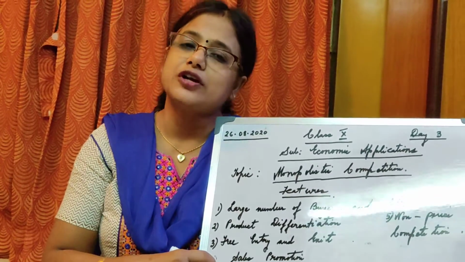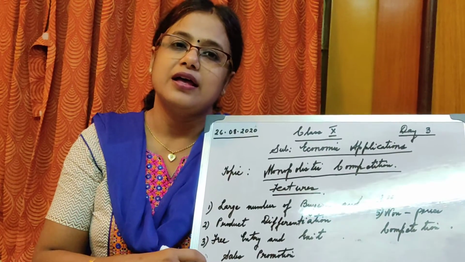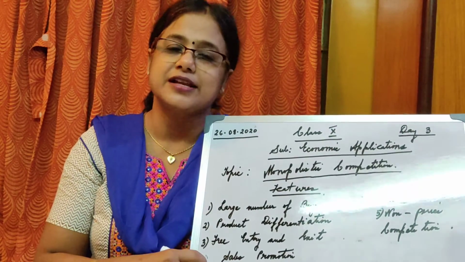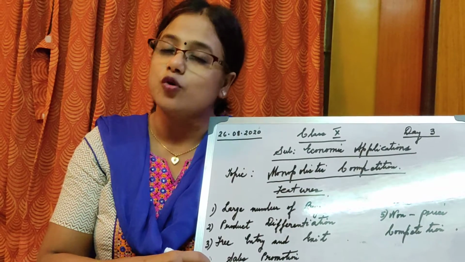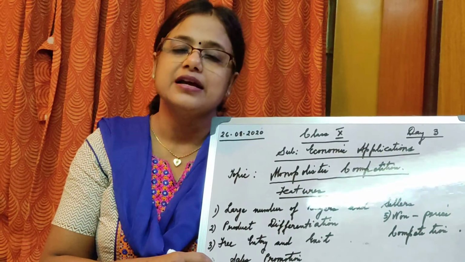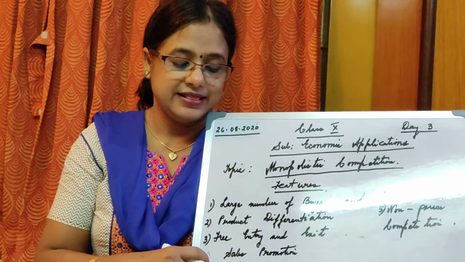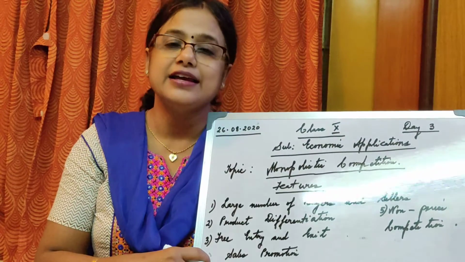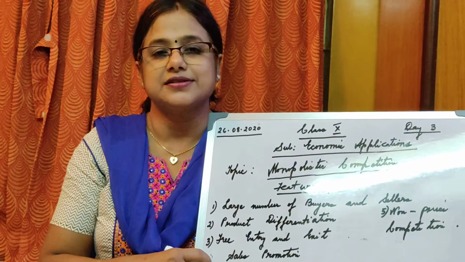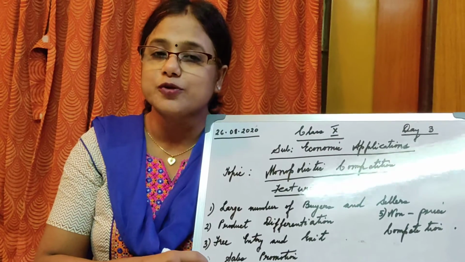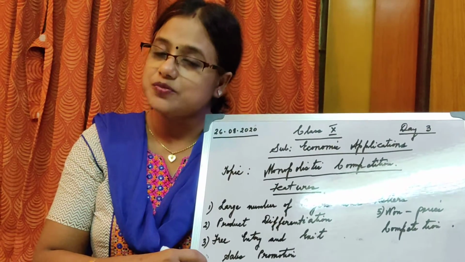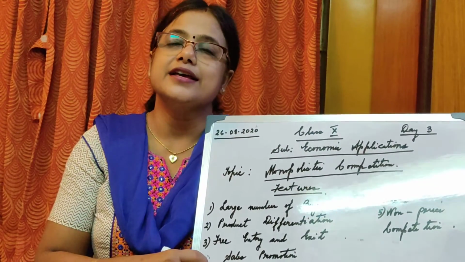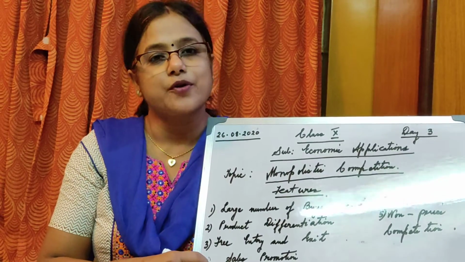In perfect competition, what we saw was a large number of buyers and sellers. In monopoly we saw a single seller, but here there are a fairly large number of sellers, and the product which this market is selling is a differentiated product.